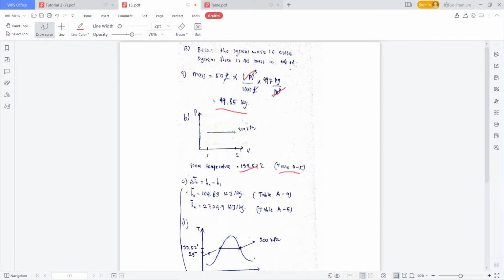Then you multiply it by its density, you can cancel out the meter cube, so you will get 49.85 kg. That is the mass of water in the initial condition and also in the final condition. Because the system is enclosed, there is no mass in and out of the control volume, so the mass is conserved.